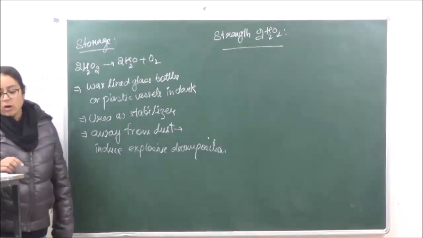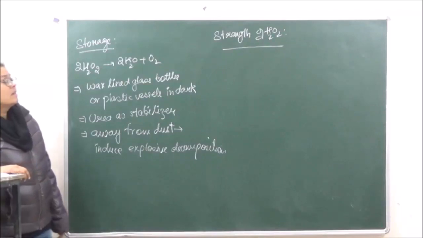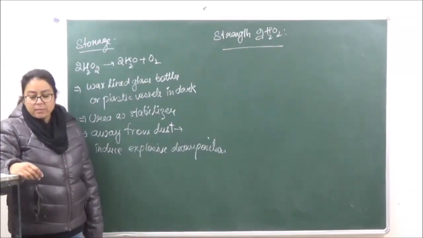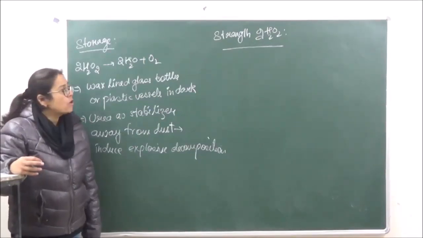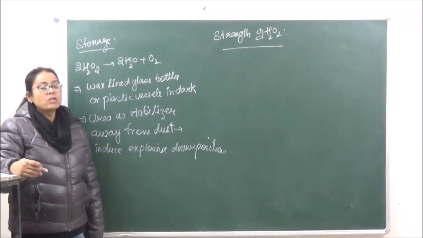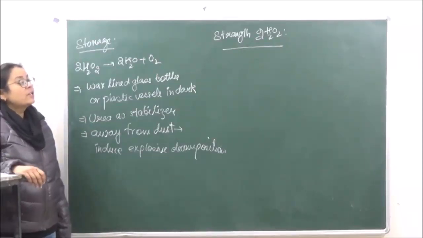Now what is strength of H2O2? That is going to be expressed in terms of volume, and that also at MTP. It is the amount of oxygen liberated when 1 volume of hydrogen peroxide is heated. That is how we are going to calculate the strength.